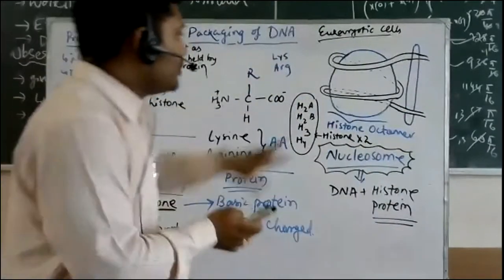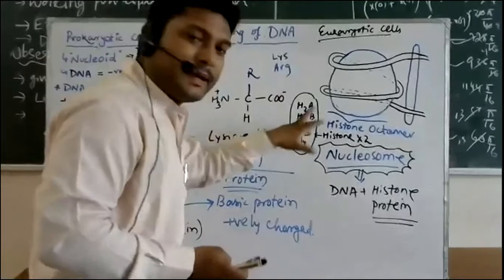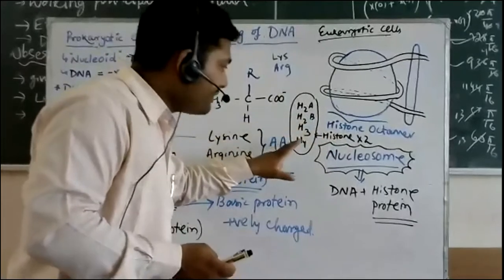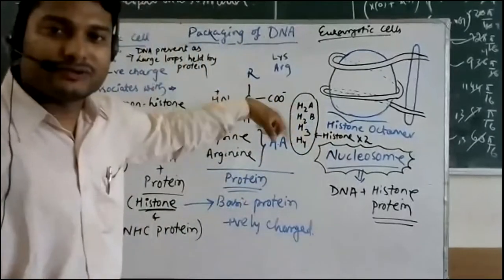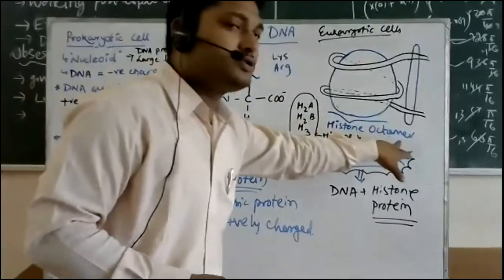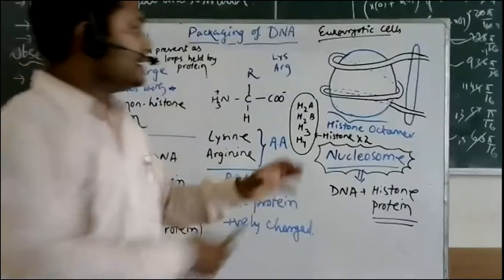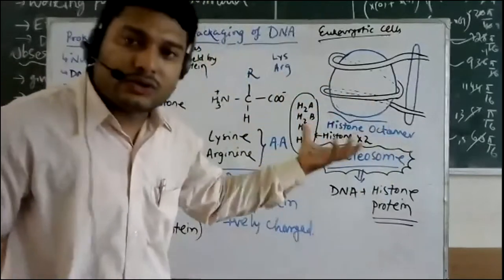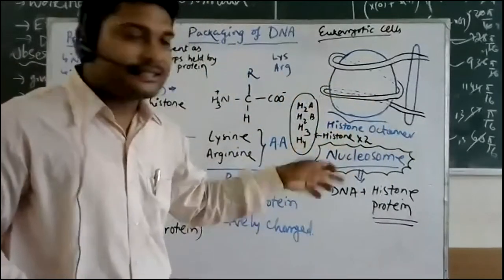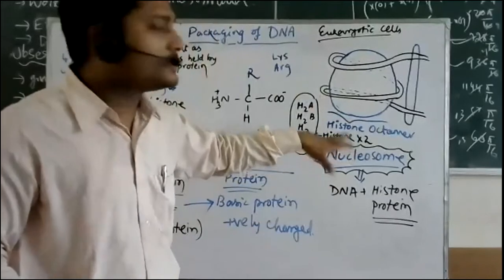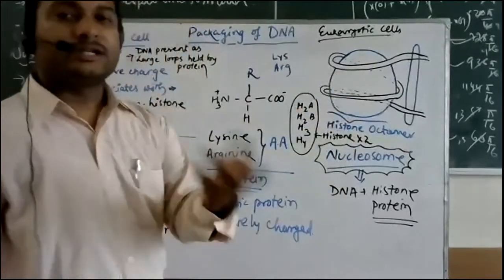So we are going to have 2 of H2A, 2 of H2B, 2 of H3, 2 of H4. That gives me a total of 8. So that's why the histone octamer. In the nucleosome structure, we have a histone core, and this histone core is made up of 8 molecules of the histone proteins.